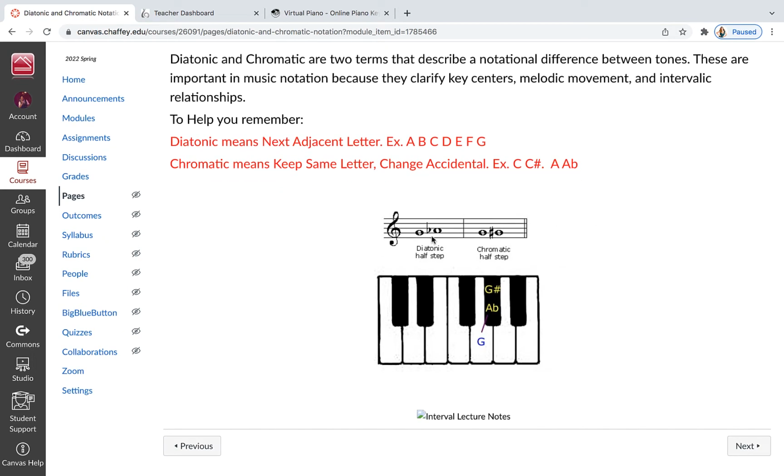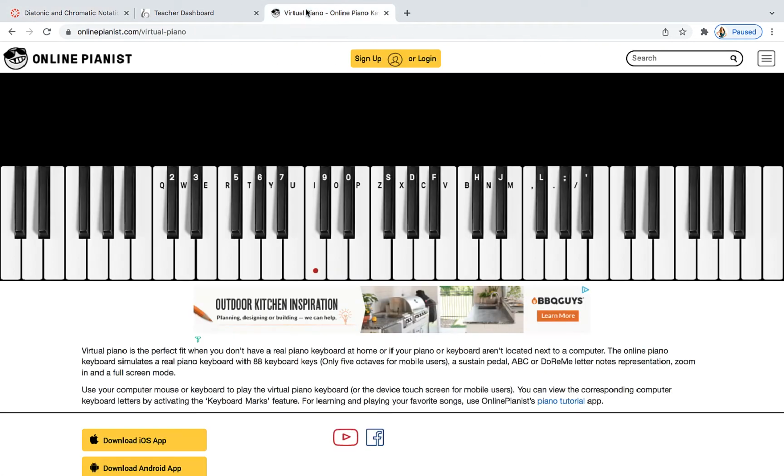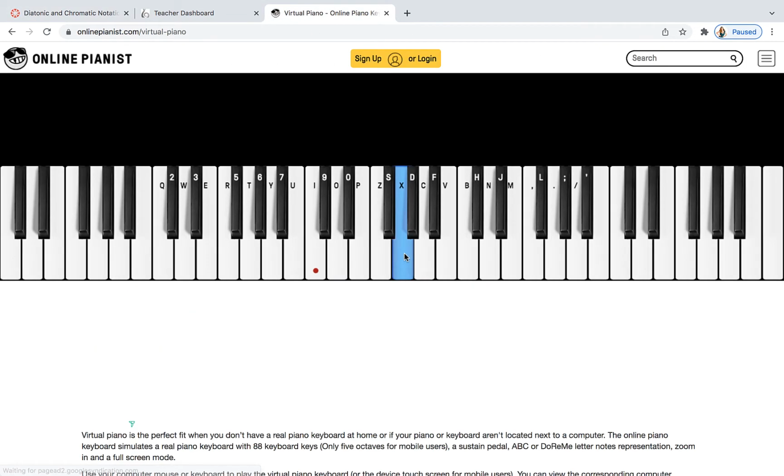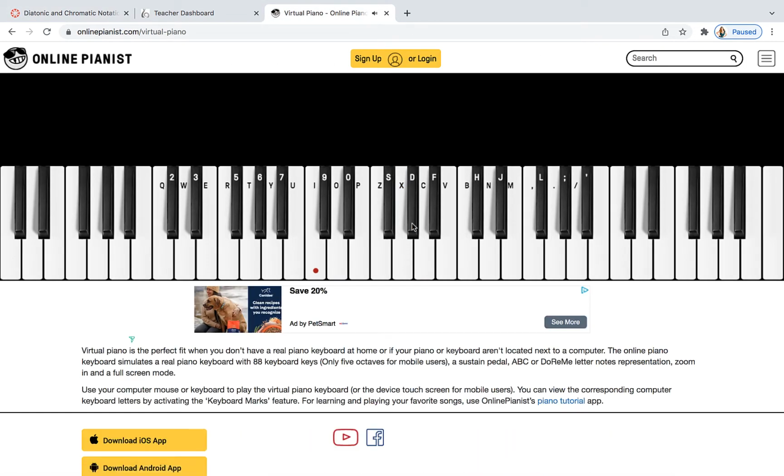So here's a way to see the same sounds written twice. This sound is going G to A flat, but it sounds exactly the same as G moving to G sharp. So on the piano, this is what it looks like. G, G sharp, G, A flat, right?